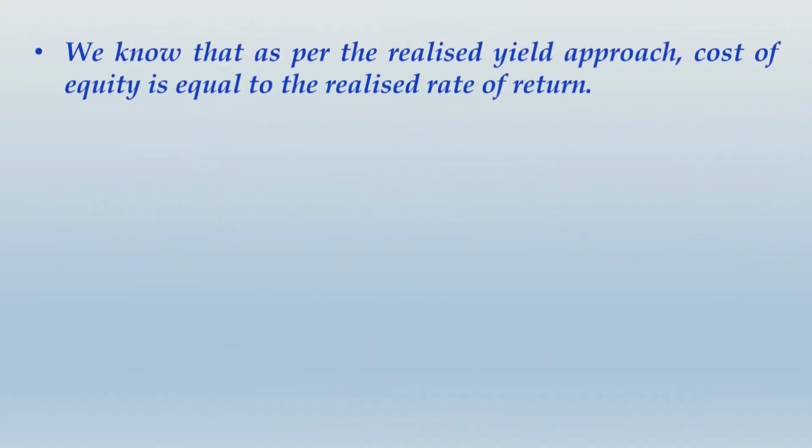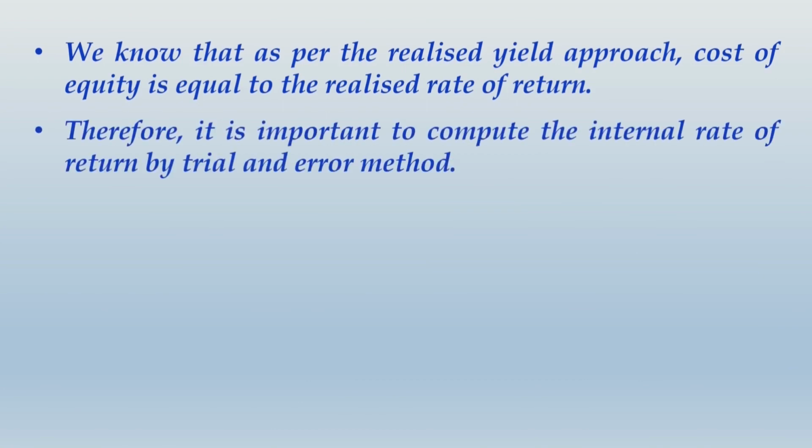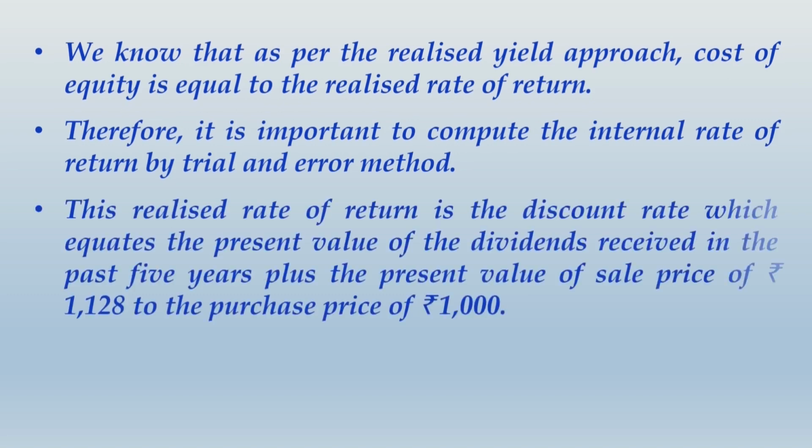So how to present the answer? Let us have a look into that. We know that as per the realized yield approach, the cost of equity is equal to the realized rate of return. Therefore, it is important to compute the internal rate of return by trial and error method. This realized rate of return is the discount rate which equates the present value of dividends received in the past 5 years plus the present value of sale price of rupees 1128 to the purchase price of rupees 1000.